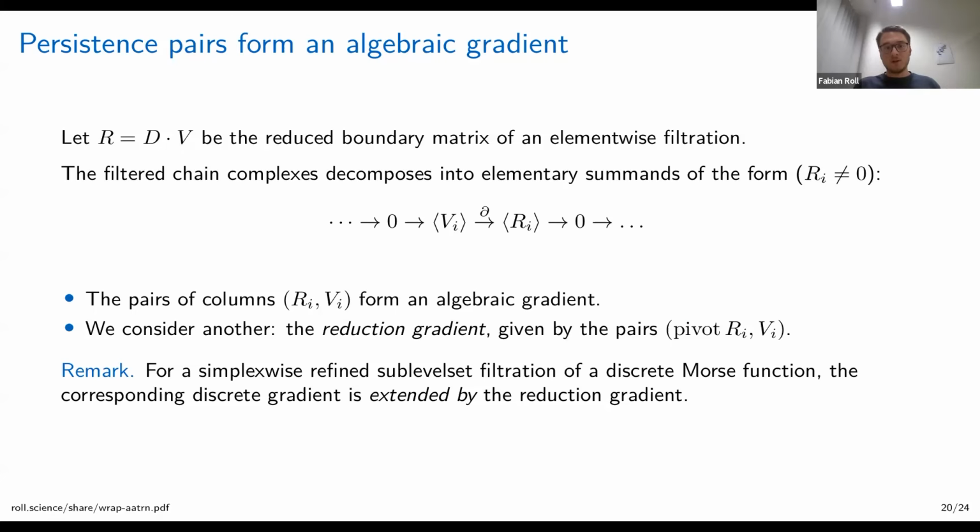And when you do this, you actually notice that this reduction gradient I just explained actually extends the discrete gradient of the function you started with. So in some sense, you can view persistence as an honest extension of discrete Morse theory in this case.